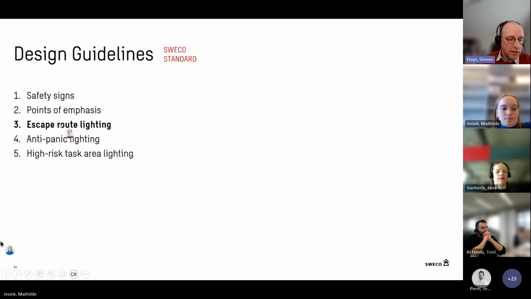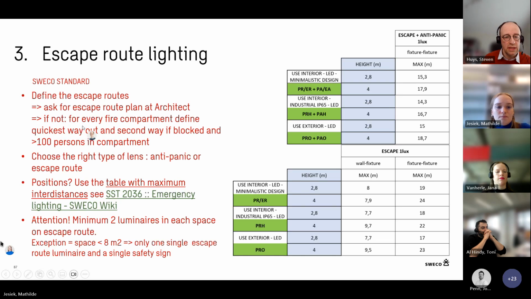Then the third step is the escape route lighting. You have to make sure. Matilda did a lot of work to calculate with the different manufacturers what the maximum interdistance is between two escape route fixtures, or between an escape route fixture and an anti-panic fixture, and we summarized it in a table.